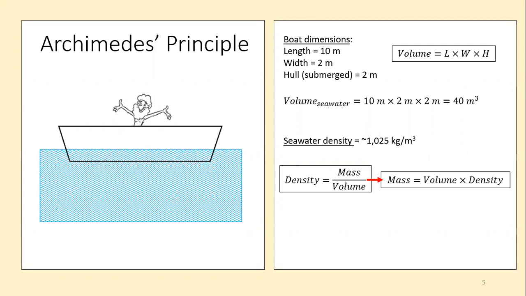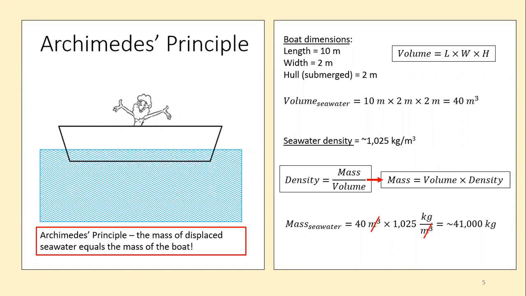If we multiply both sides by volume, then we end up with mass equals volume times density. Thus, when we multiply the volume times the density and cross-cancel cubic meters, we end up with approximately 41,000 kilograms, the mass of seawater displaced by the boat. Archimedes' principle states that the mass of displaced seawater would equal the mass of the boat, and it does.